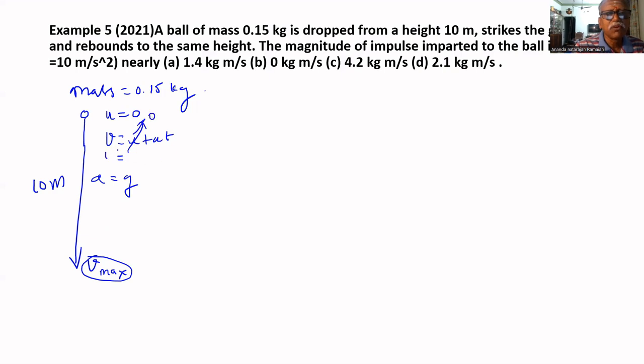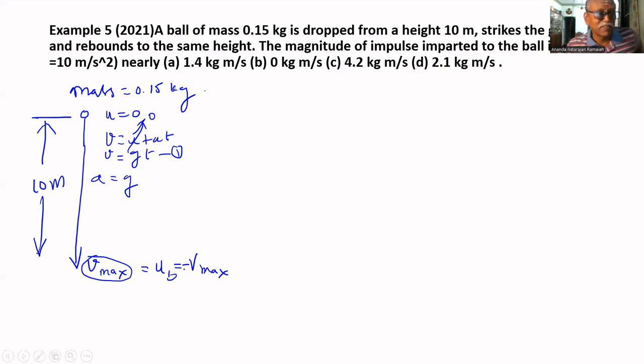That's why v equal to g into t. So the velocity will be maximum. If it bounces back to the same height, 10 meter, then the initial velocity after bouncing back must be equal to v max, but in the opposite direction, minus v max.